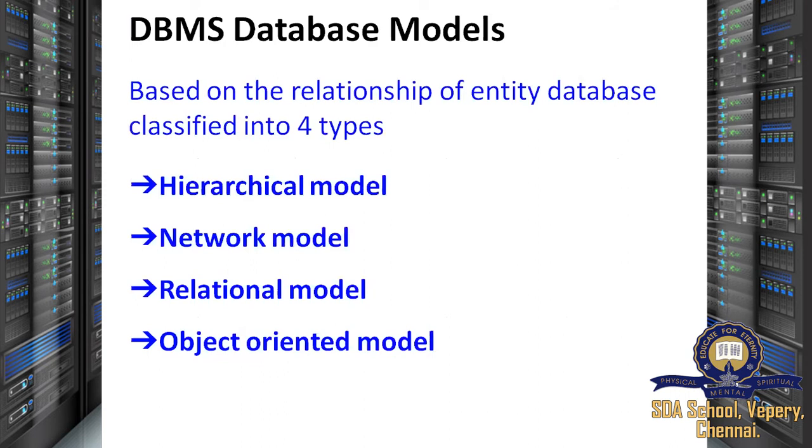Database models. Database technology came into existence in terms of models, and we have 4 types of models. Number 1, hierarchical model. Number 2, network model. Number 3, relational model. Number 4, object-oriented model.